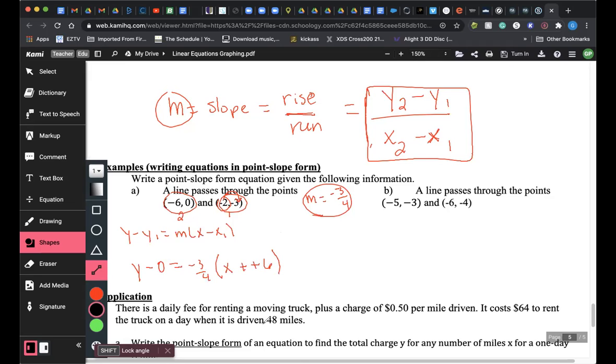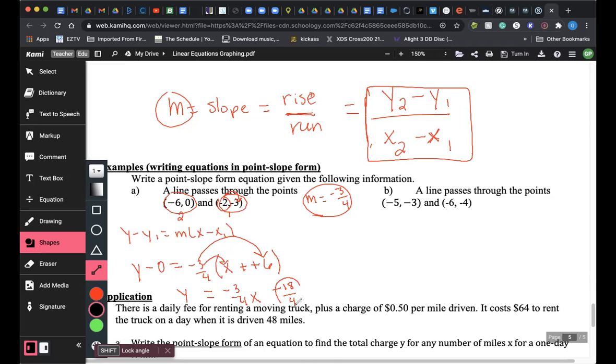That's going to become a +6. I'm going to multiply this to both of the things inside here. I'm going to end up with y, because I don't need to do anything with that 0, right? So it's just y is equal to -3/4 x. I have to do 3 times 6, which is going to give me -18/4.